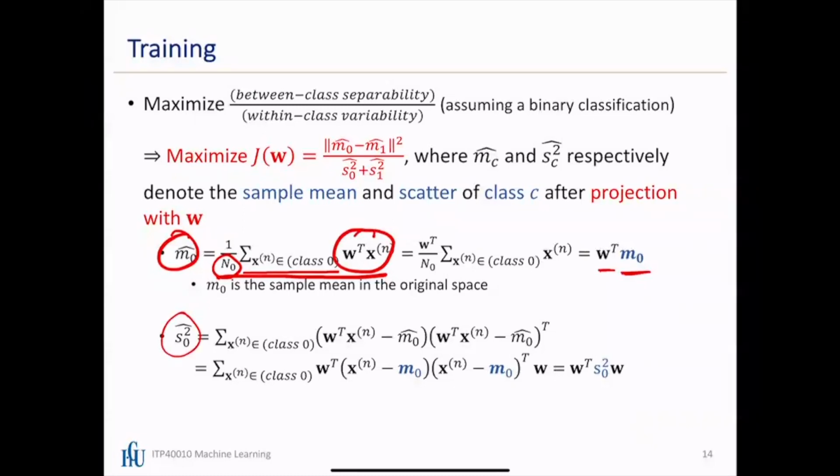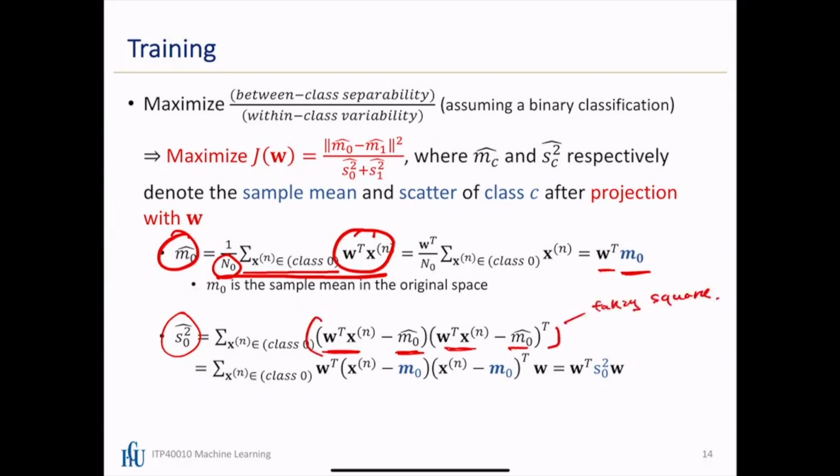Variance is described in a similar way. Basically variance is the projected value subtracted by the mean in the same space, projected value minus mean, and you take the square.